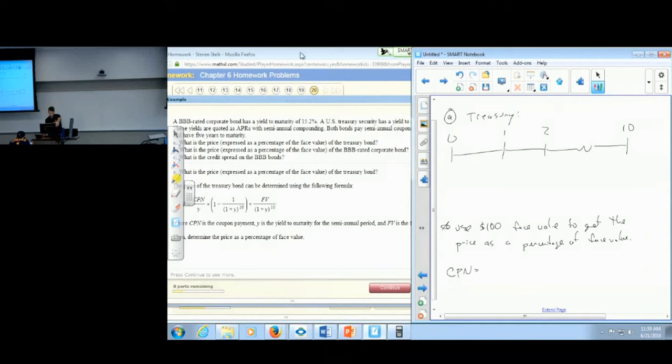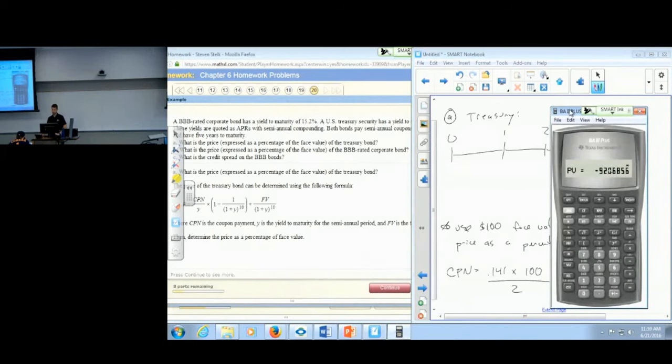Was it 14.1%? Yeah. All right, times the face value, and I'm going to divide that by the number of coupon payments per year. So that's 14.10, so 7.05, right?